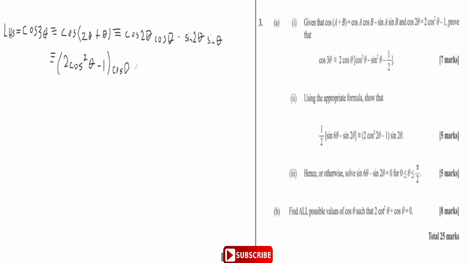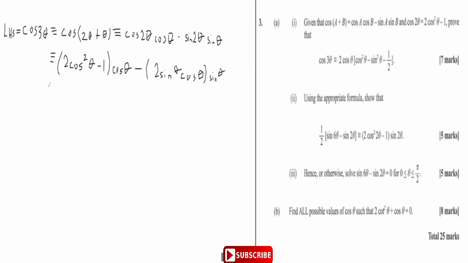And then we're subtracting. Now I can tell you that sine 2 theta is 2 sine theta cos theta, and we're multiplying that by the sine of theta. We're not doing anything special so far.